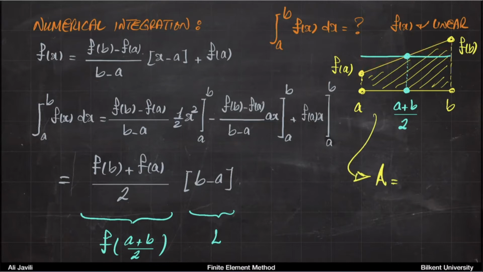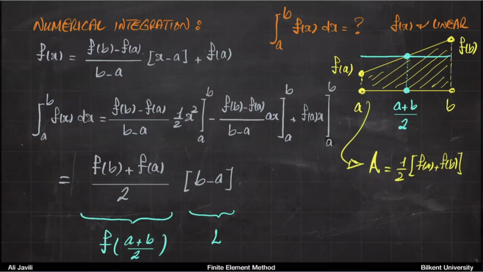Okay, so maybe I just say this area is usually, again, this is for you. The usual formula was f of a plus f of b divided by 2, or that's the way we learned in school before, right?